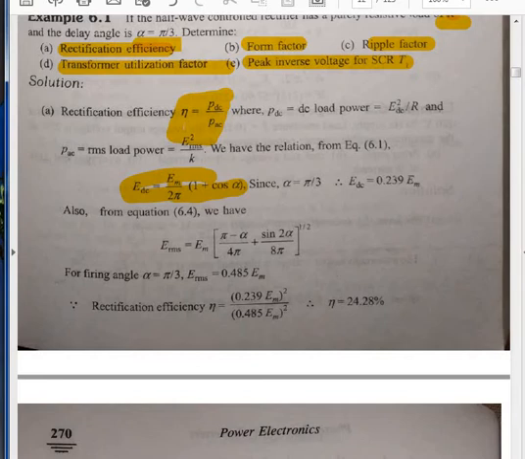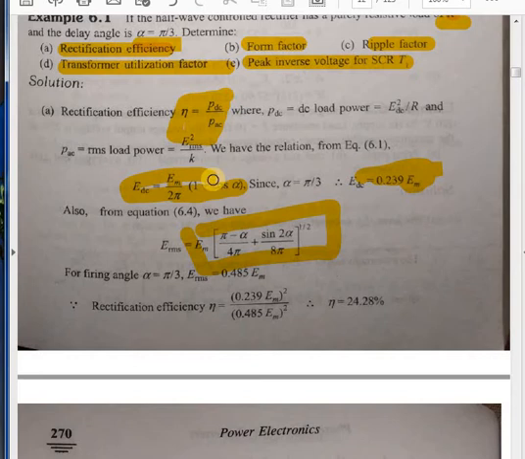From this formula, EM by 2 pi into (1 plus cos alpha), your EDC will be calculated, where alpha is equal to pi by 3, and the efficiency is calculated from this. Since we don't know the value of EM, we are just keeping it as EM. Now, how will you find ERMS? ERMS is EM into ((pi minus alpha) by 4 pi plus cos alpha sin alpha by 2 alpha by 8 pi) to the power 1 by 2.